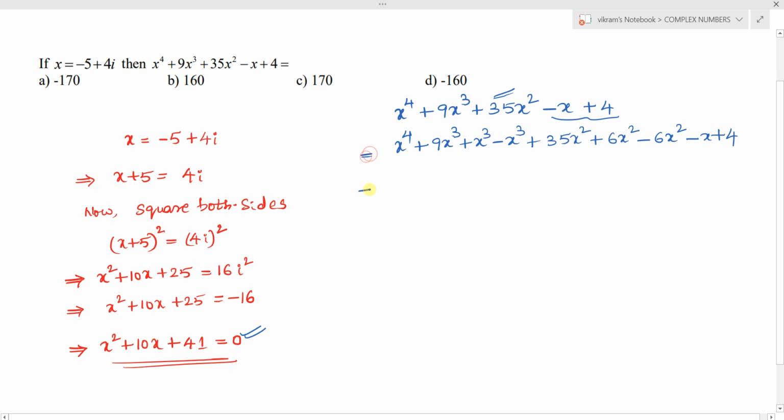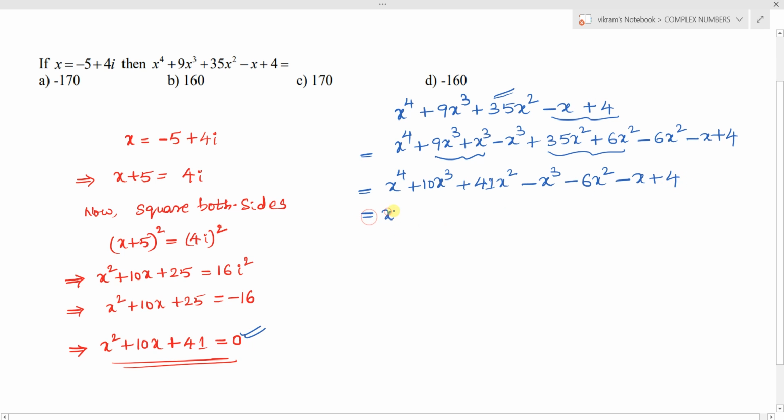Now simplifying, what will we get? x power 4 plus 10x cube, these two results as 10x cube, and these two results as 41x square, and then we can write minus x cube minus 6x square minus x plus 4.